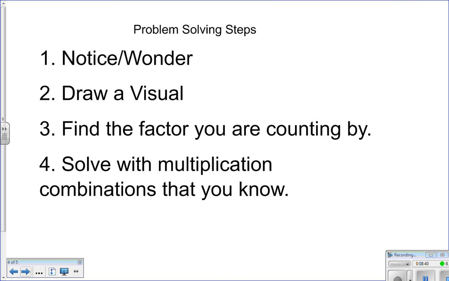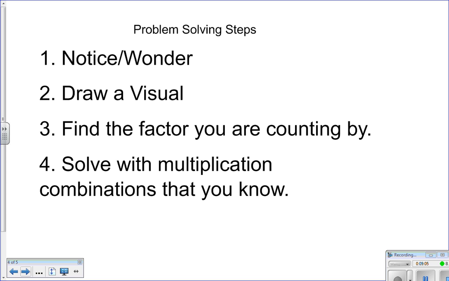So, just to review really quickly, because you're going to try one of these problems on your own now, guys. Step 1, as soon as you get the story problem, read it, take a few minutes and jot down what you notice and what you're wondering about the problem. Draw a picture to make sense of it is the second step you're going to do. Doesn't have to be anything crazy, just a simple picture as detailed as possible.